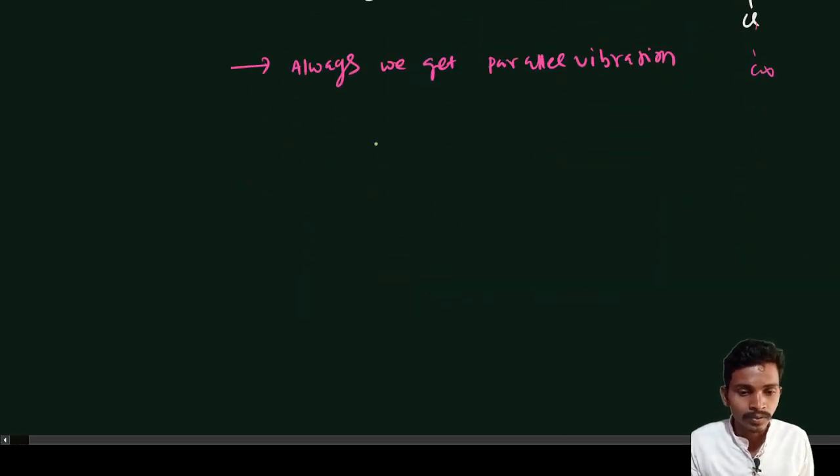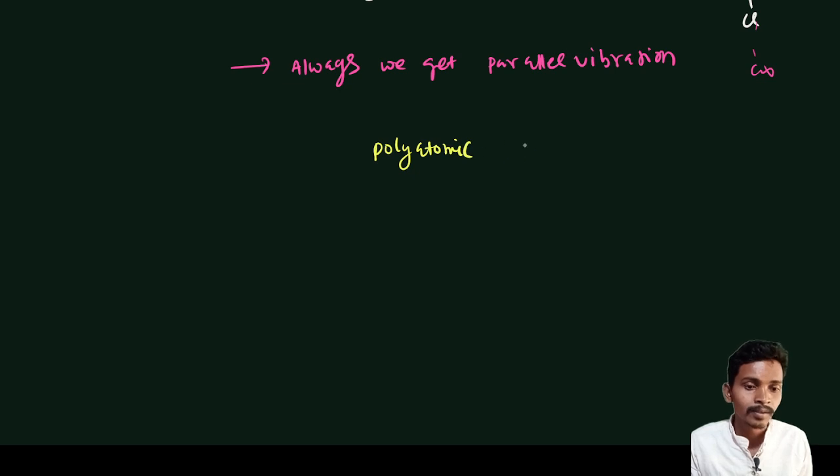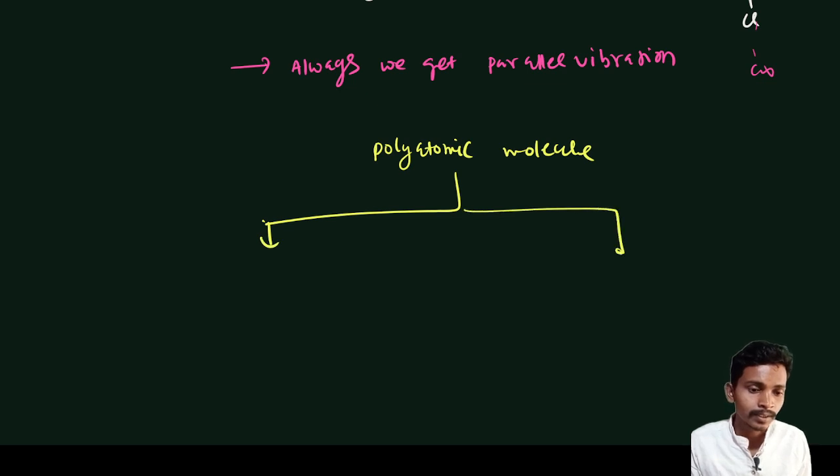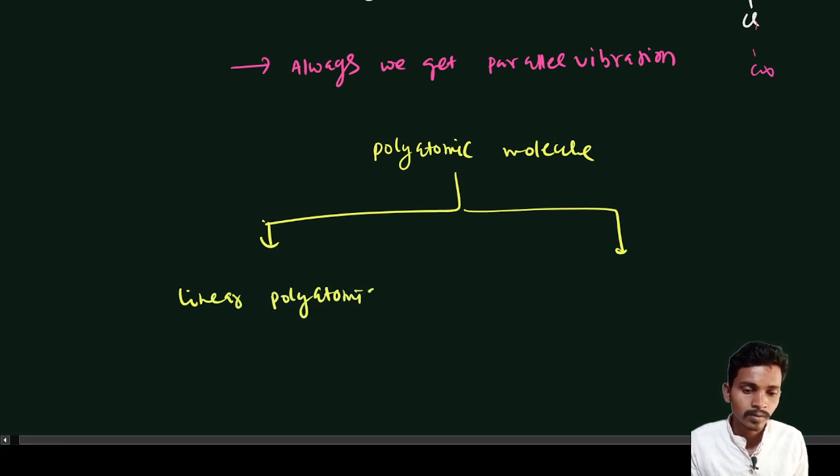But for polyatomic molecules we can classify two types. One is linear polyatomic molecules, another is non-linear polyatomic molecules.